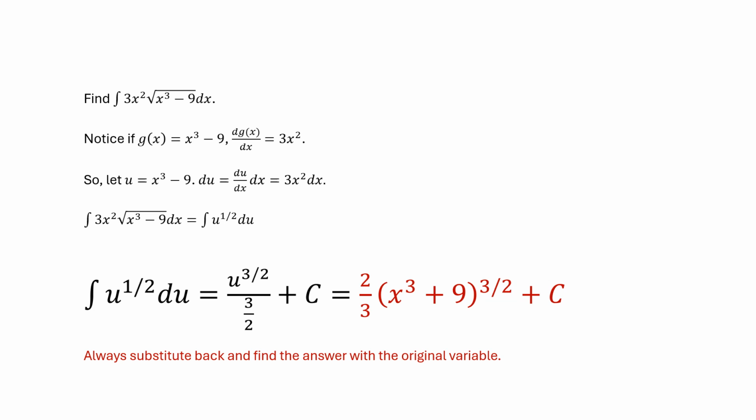We use the power rule. Right? The integral of u to a power is u to the power plus 1 divided by the power plus 1, plus the constant of integration.